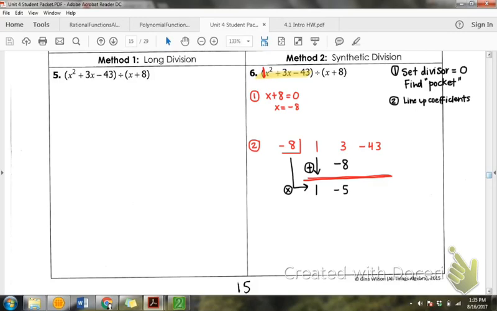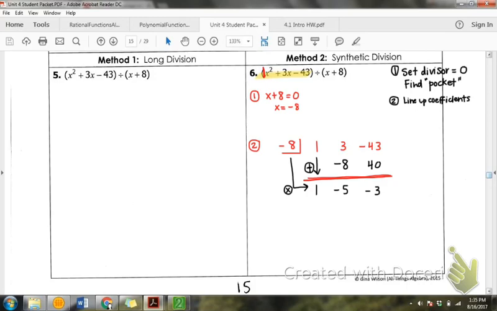Okay, then I'm going back to negative 8. Negative 8 times, what's the next number there? Times negative 5. So just multiply it times that next number. So negative 8 times negative 5 is negative 40. Oh, positive 40, just kidding. And then we add those two, negative 3.